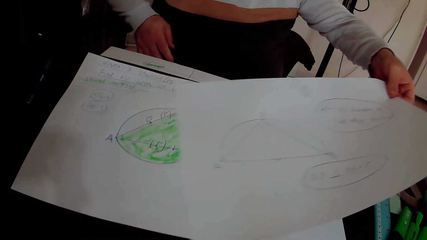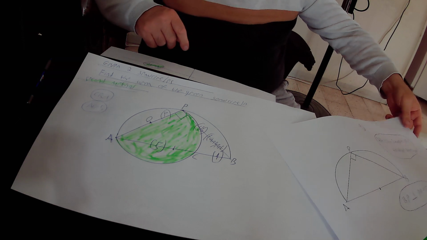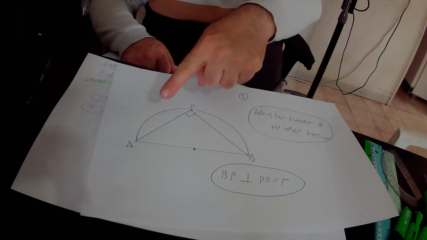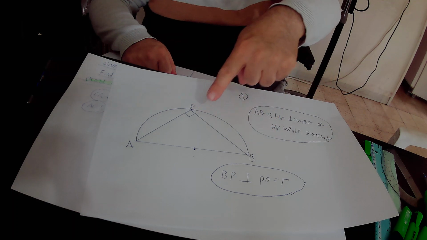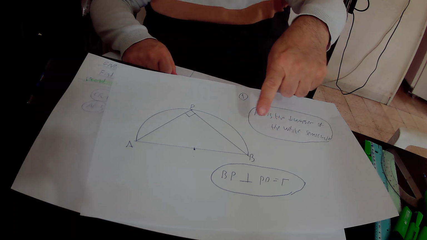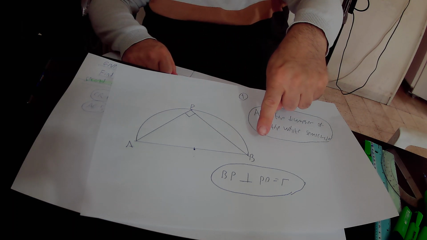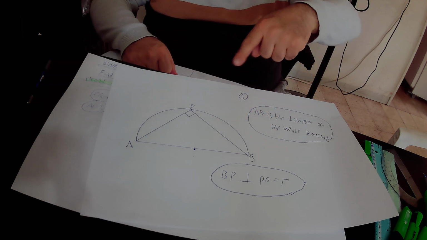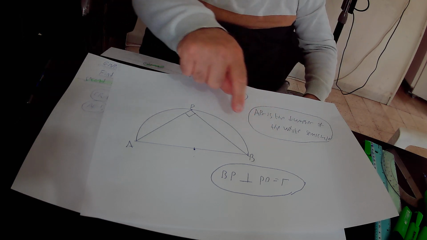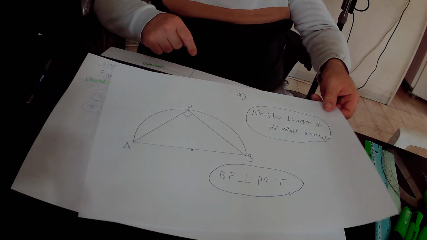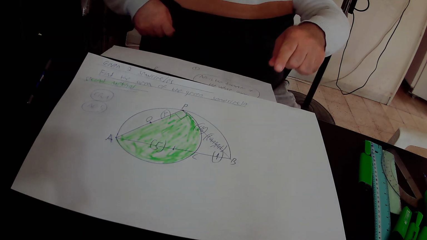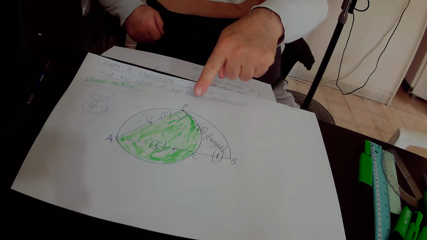So here we have angle APB is a right angle. What does it mean that angle APB is a right angle? It means that line segment BP is perpendicular to PA.